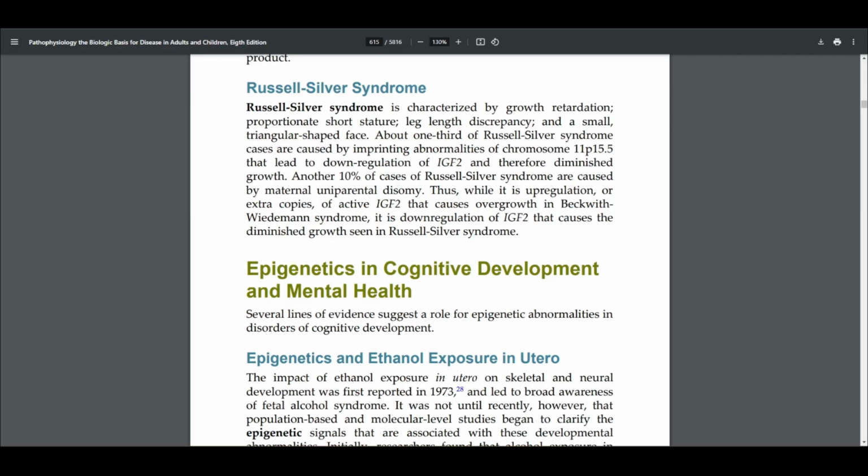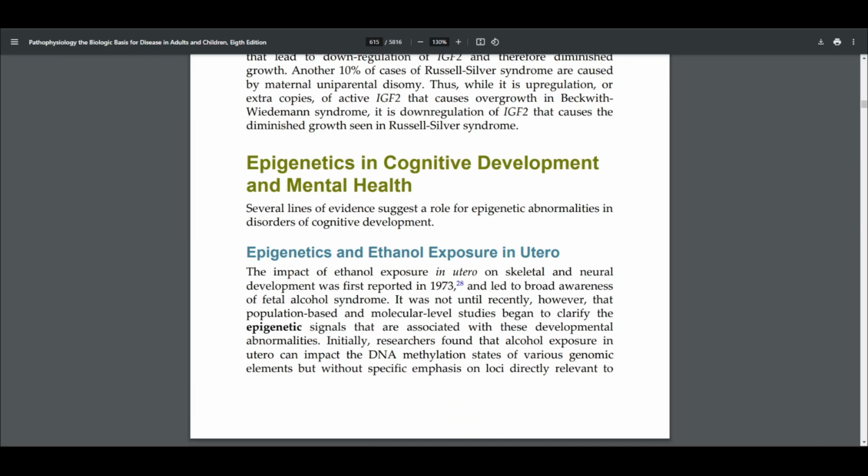Another 10% of cases are caused by maternal uniparental disomy. Thus, while it is upregulation or extra copies of active IGF2 that causes overgrowth in Beckwith-Wiedemann syndrome, it is downregulation of IGF2 that causes diminished growth, seen in Russell-Silver syndrome.